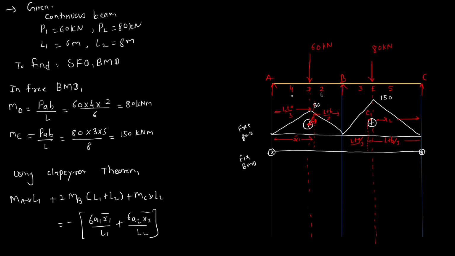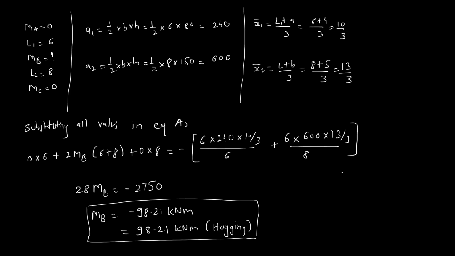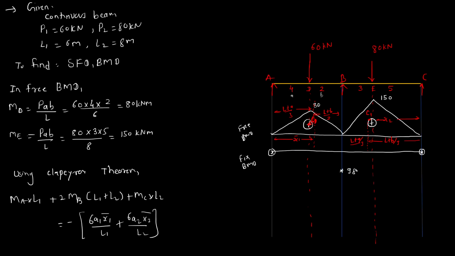So now we have calculated the value of Mb, and the value is coming as 98.21. Now connect this with a straight line. This is of hogging nature, so negative. So the net bending moment diagram will be joining this 80.